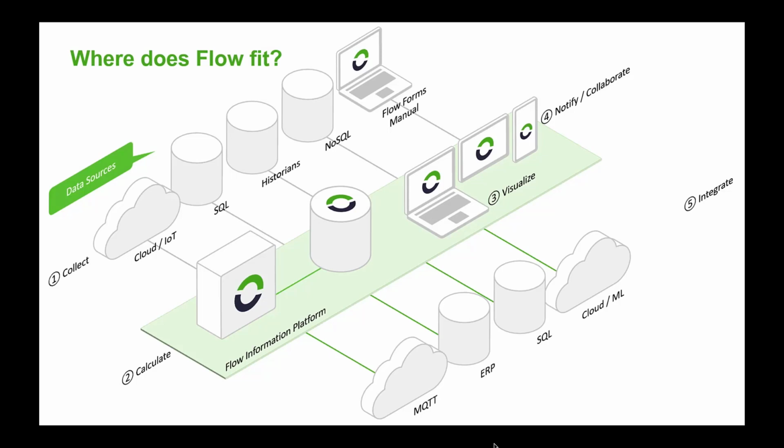Another one is to push Flow information back to your operator workstations, and you can make use of MQTT for this. As part of our collaboration with Eclipse and the Sparkplug B working group, Flow has this MQTT Flow consumer that you can use to push Flow information to an MQTT broker in the form of this unified namespace, which can then be subscribed to potentially by your Ignition SCADA system, or maybe your Canary Historian system.